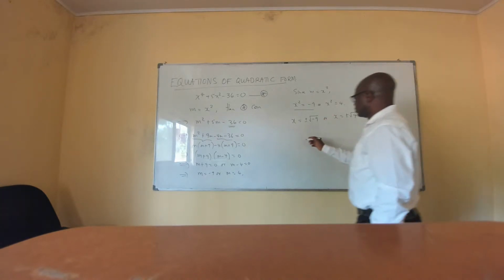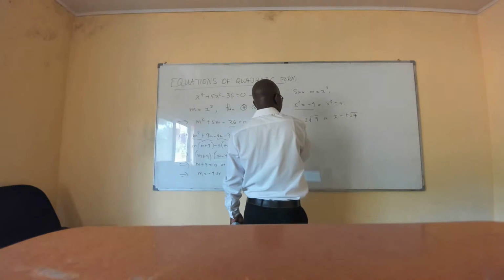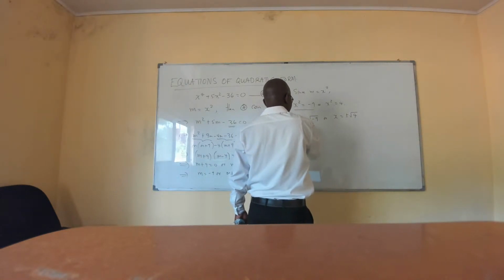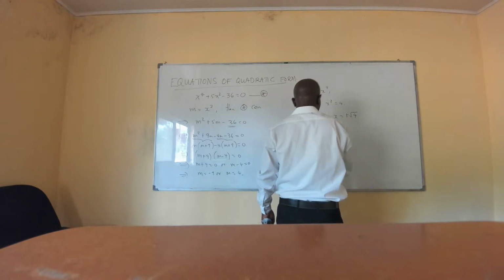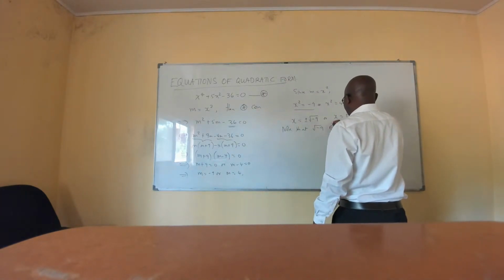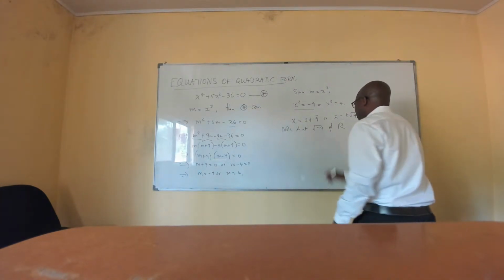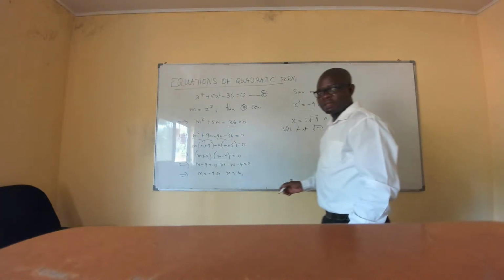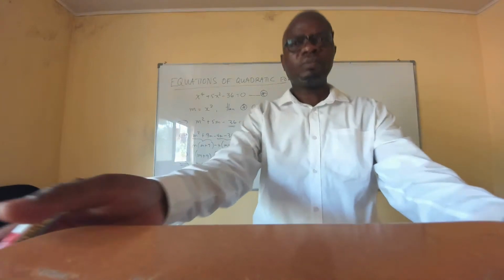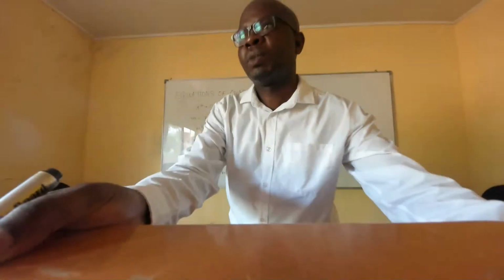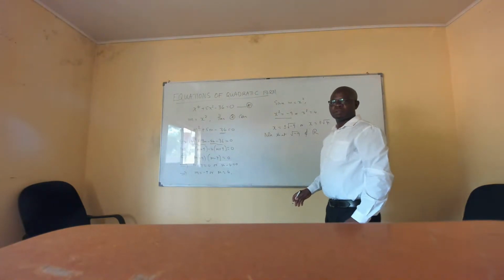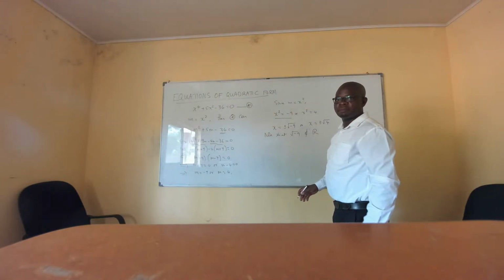So we can just note that the square root of minus 9 is not an element of R. It's not a real number.